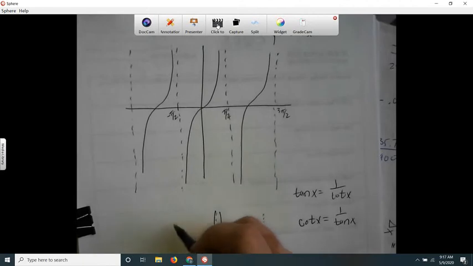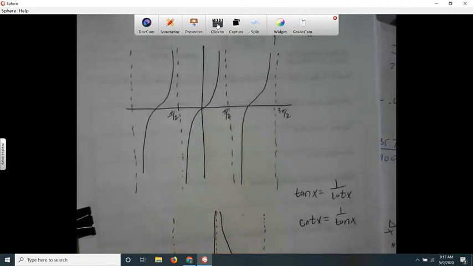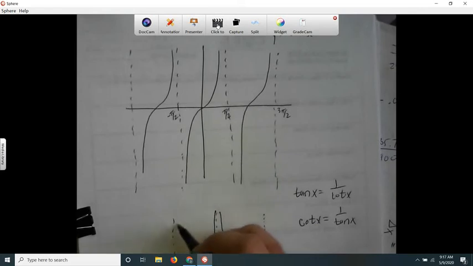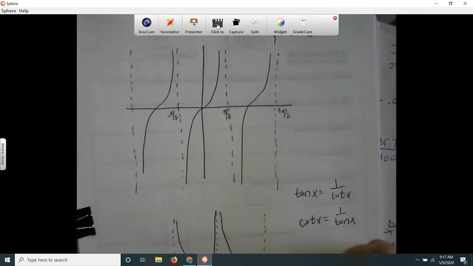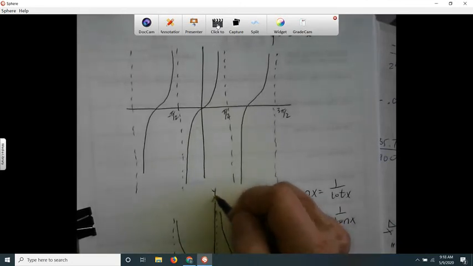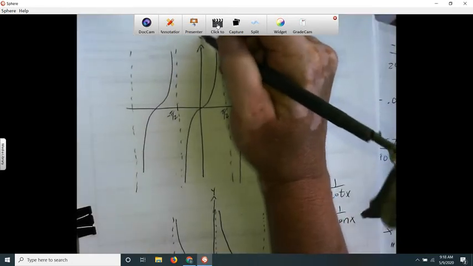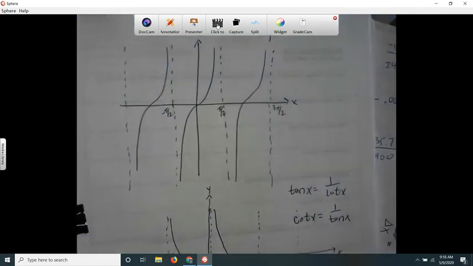I'm going to leave you to try to figure out why. Basically, if I took the time to make a table of the values of tangent, and then just flipped each one of them, got the reciprocal of them, then I would plot them here and get cotangent. You can at least make some observations here.